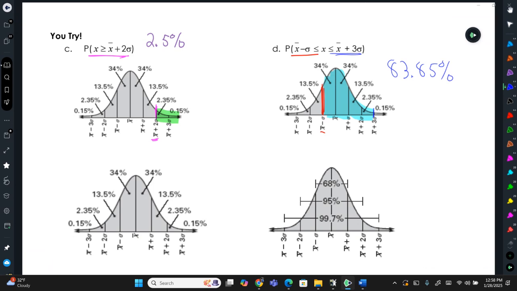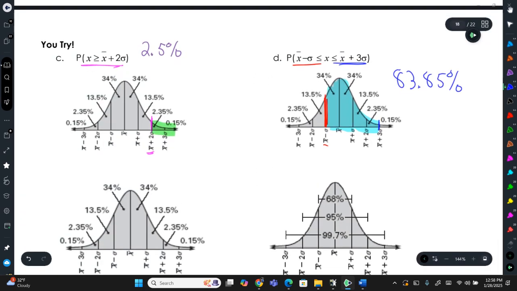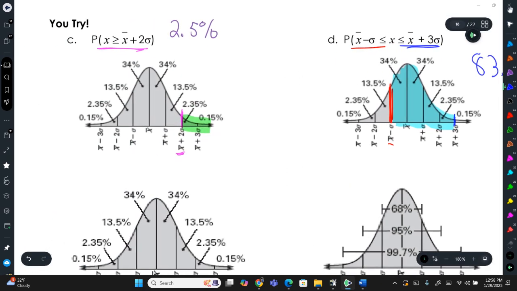Letter C, the reason why I went to the right is because it says x is greater than, so I wanted to go to the right. And I just had these two spots here because I found where this is right here, and then I went to the right and added those up. 2.35 plus 0.15 is 2.5.